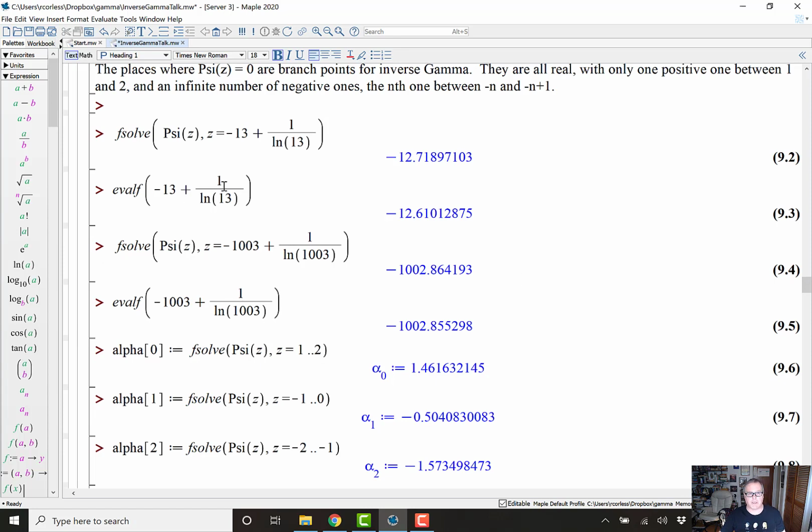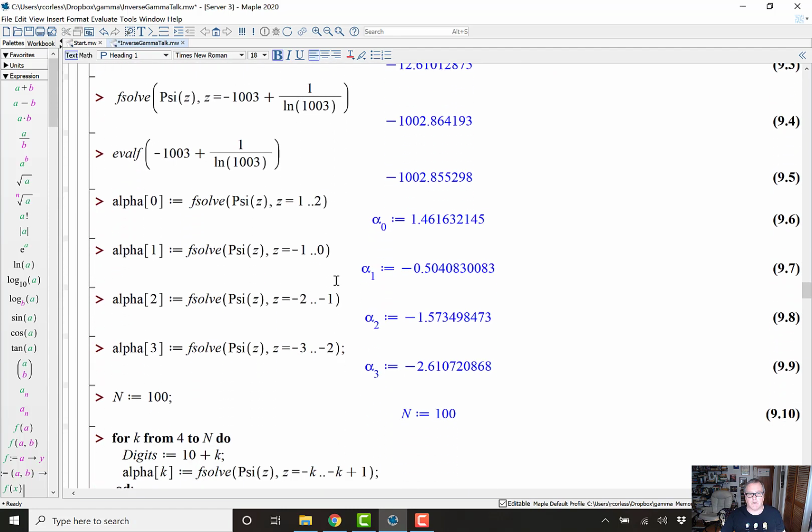Minus 13 plus 1 over log 13 is about minus 12.6, and the 0 of the 12th of the psi function near that is minus 12.71. So that's actually a pretty good approximation. It gets to be a better approximation for larger n.